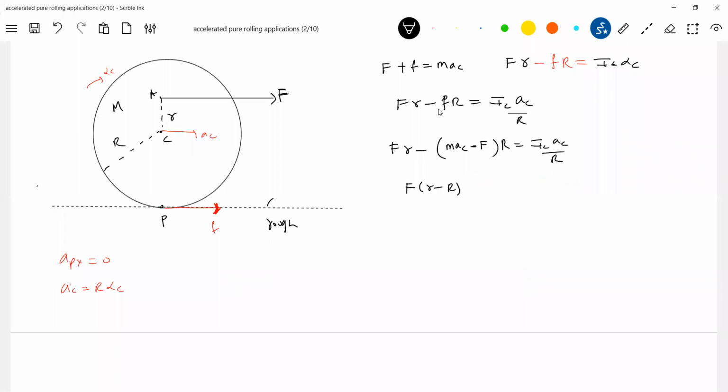So this should become F into (small r plus capital R). This should be equal to I_c a_c by R plus m R a_c, with the minus sign.